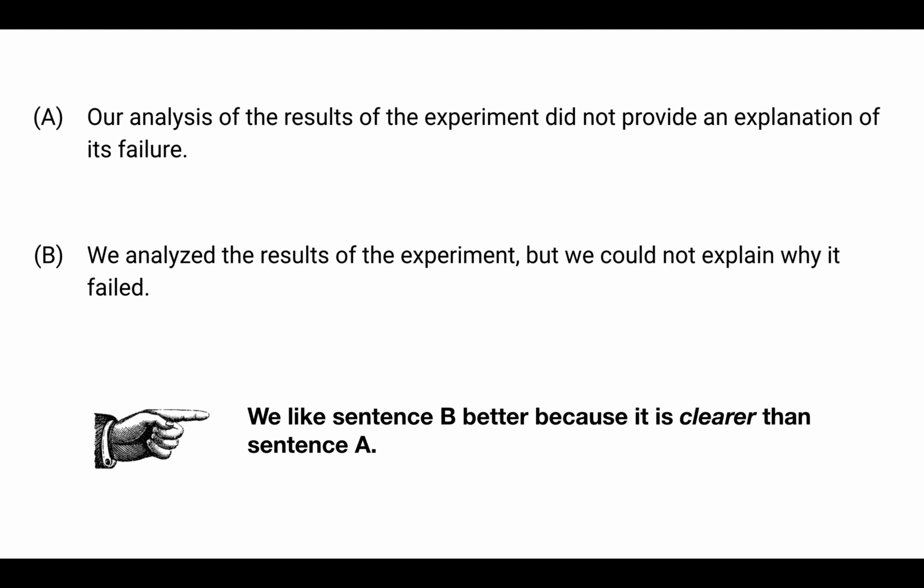So I would say a first step in this direction is to take all of these things that we're responding with and understand that one of the things that makes B better than A is that it's clearer. It has more clarity than sentence A. Okay, but again, why is it clearer? What do we mean by clear in this sense?